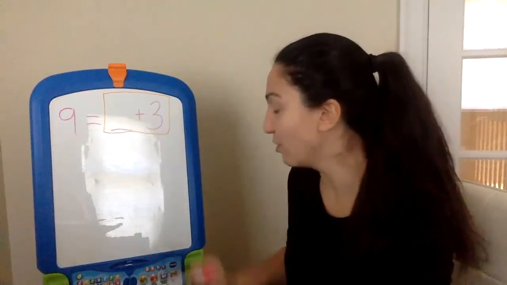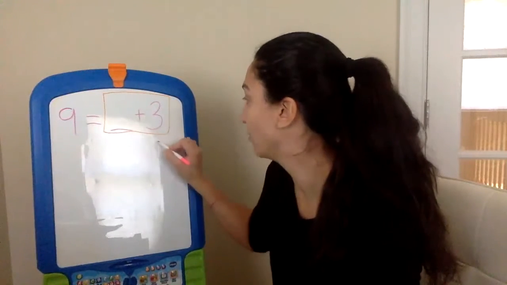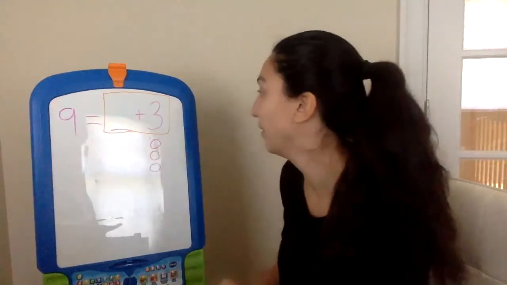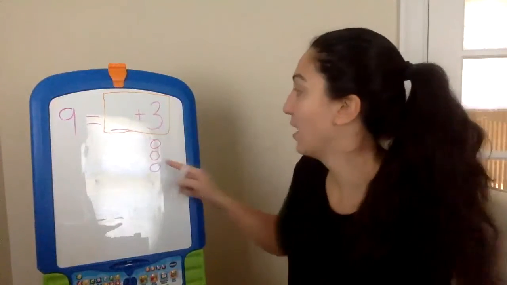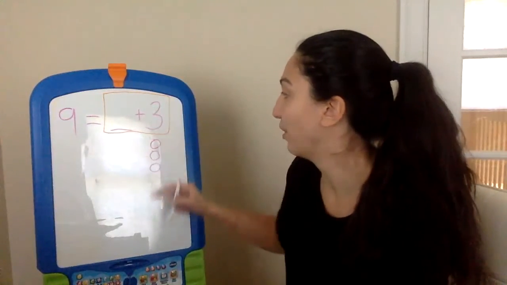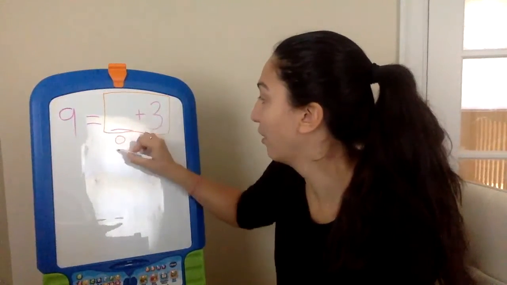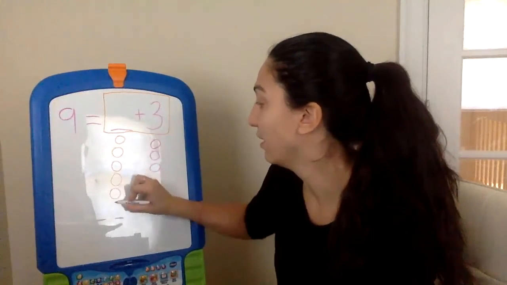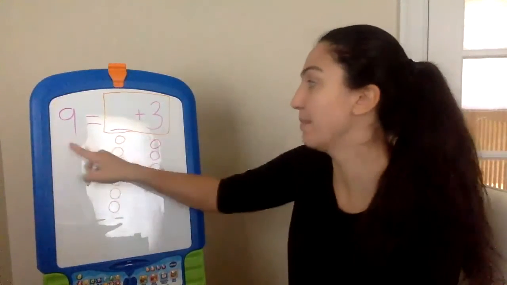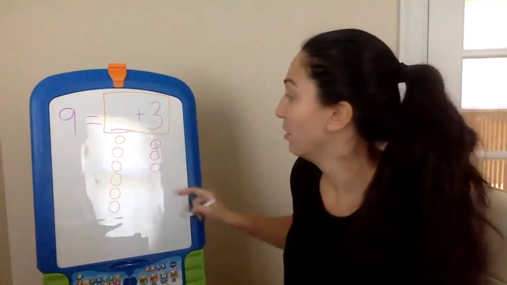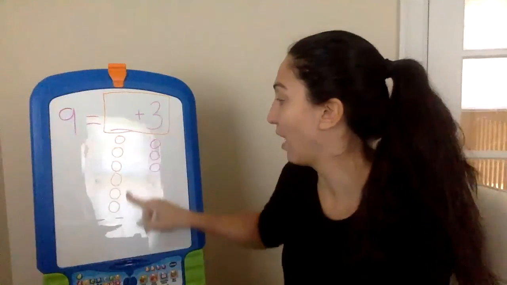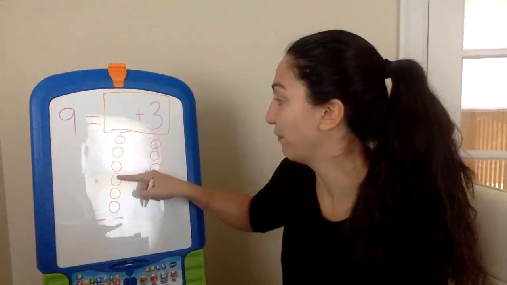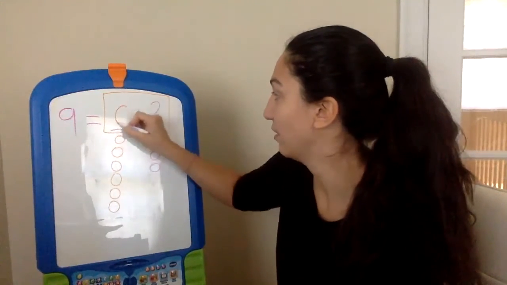One way that you can do this is by counting on. So I'm going to draw 1, 2, 3, because that's that number. And then I'm going to count on over here. 3, 4, 5, 6, 7, 8, 9. I'm counting on until 9 because that's what my sum is. So I'm going to count how many dots I made in orange. 1, 2, 3, 4, 5, 6.